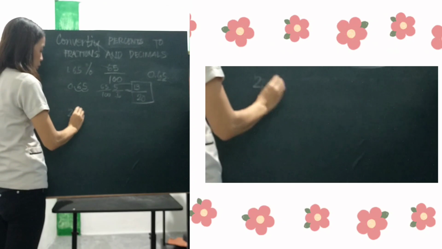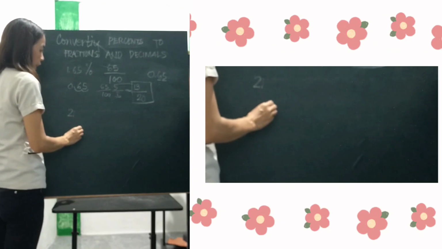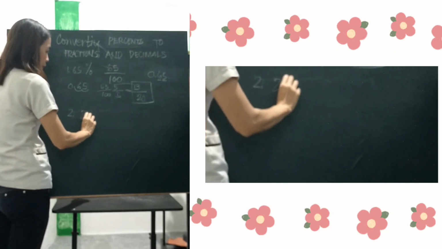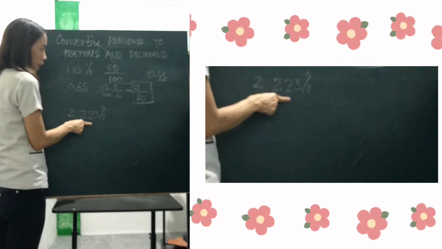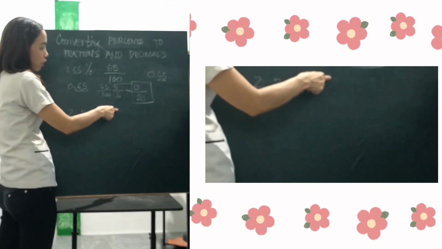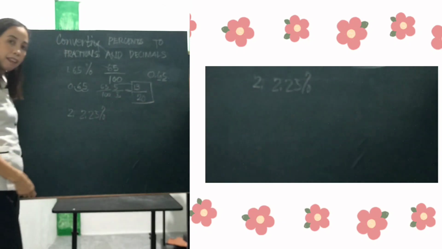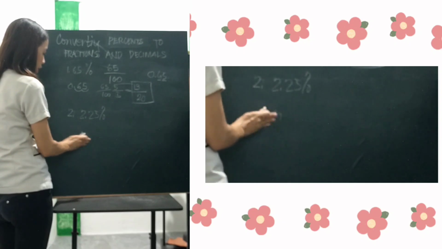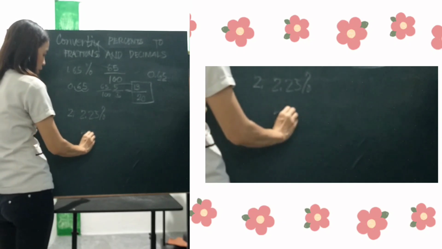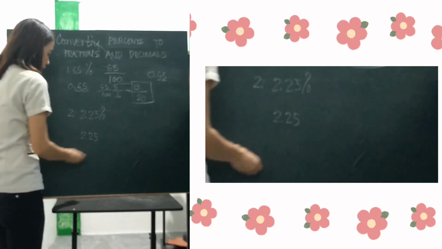So, number 2. We have 2.25%. How do we convert this into fraction and into decimal? So, 2.25.